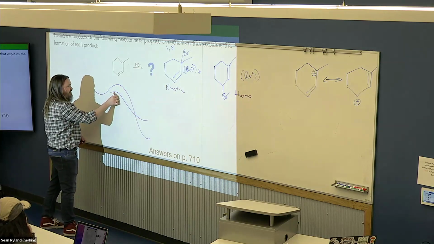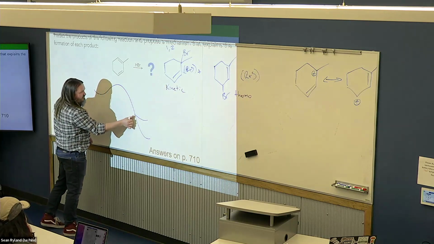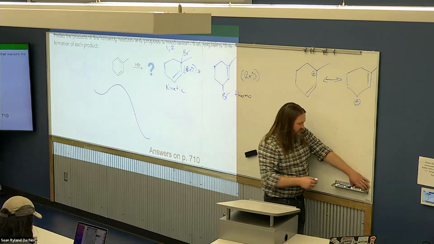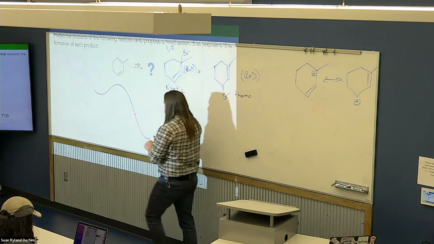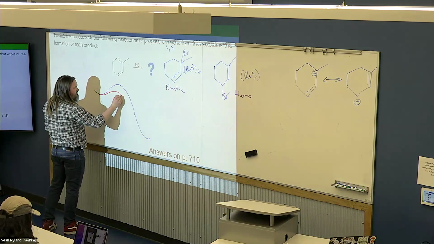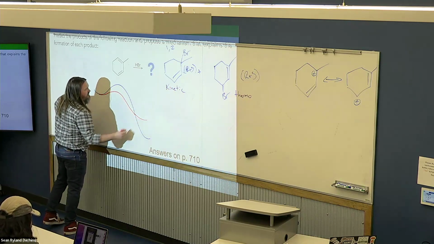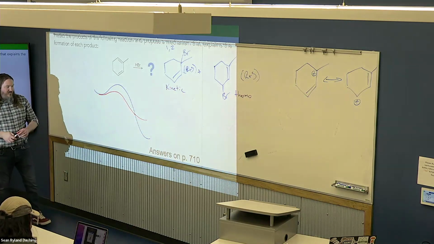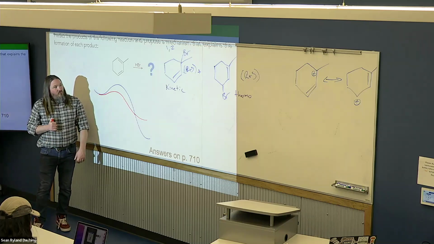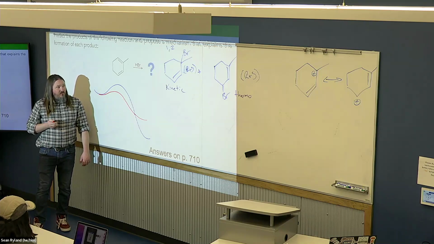I guess I should color code it for the sake of being able to verbally answer. So anytime we have a difference between thermodynamic and kinetic product, that means we have this crossover. So which one is the kinetic product?